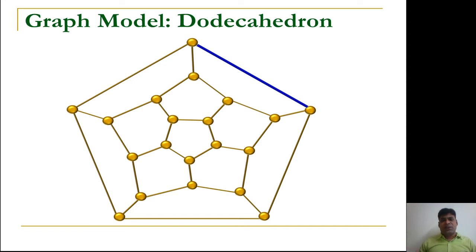In other words, it is a problem to find a Hamiltonian circuit in this dodecahedron. It's a graph with 20 vertices and many edges. We are supposed to cover all the vertices exactly once, and you should come back to the same city. It should be a closed path.